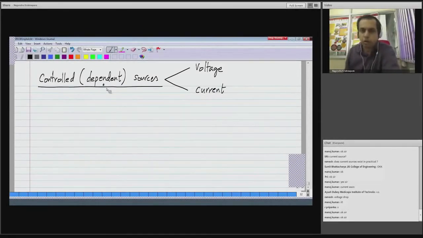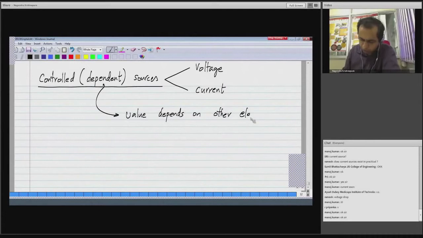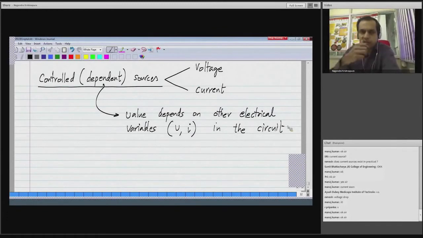But what is meant by controlled or dependent is that the value depends on other electrical variables, that is voltage or current in the circuit. Let's say you have a controlled voltage source. Its voltage value will depend on some other voltage or some other current.